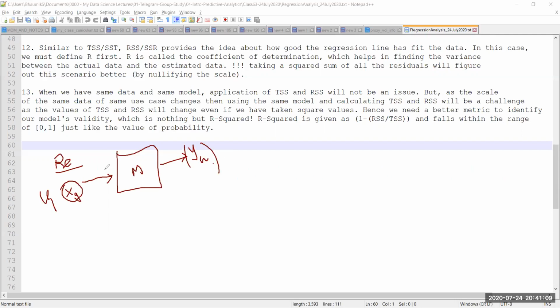He gets that, but in case we have only looked into the model's performance using TSS and RSS, then this model will perform best if I supply data in the same scale as the data which I have used to train the model.